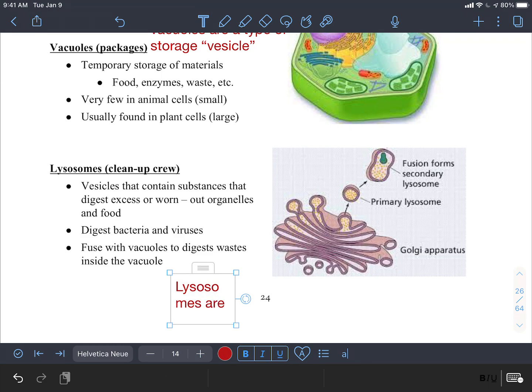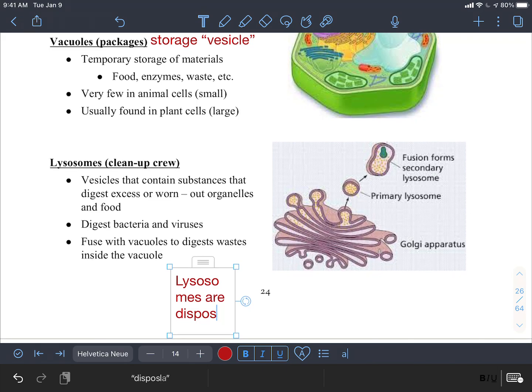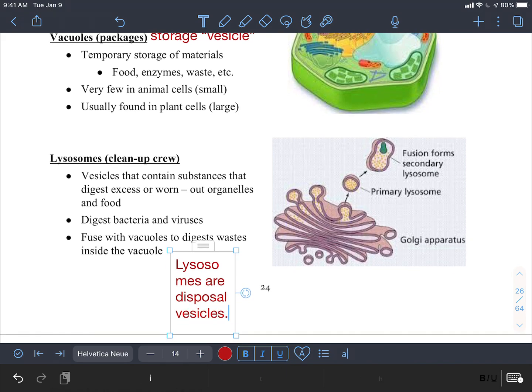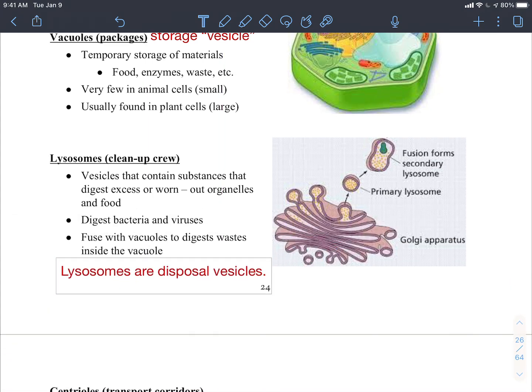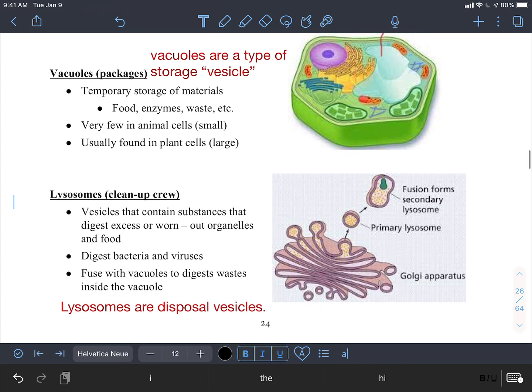Are disposal vesicles. So if you think about it that way, the lysosomes are kind of the opposite of a vacuole. A vacuole stores stuff for use later, and a lysosome disposes of things for disposal later.